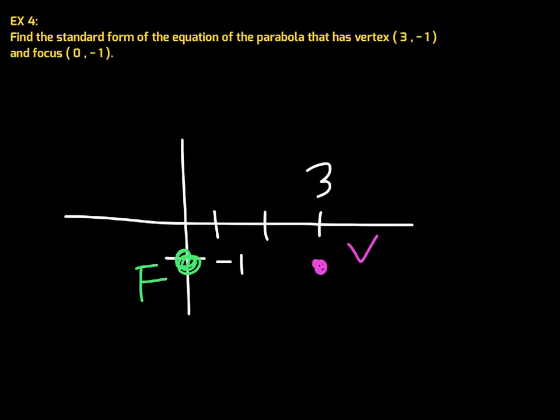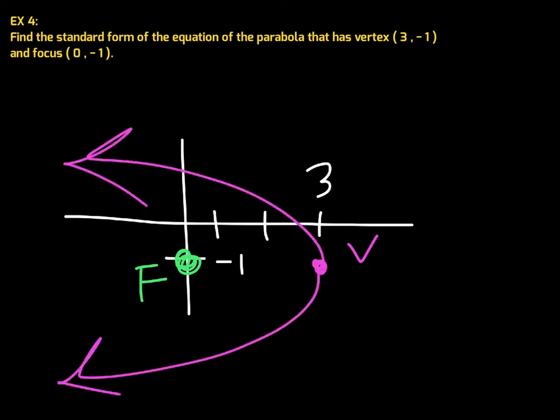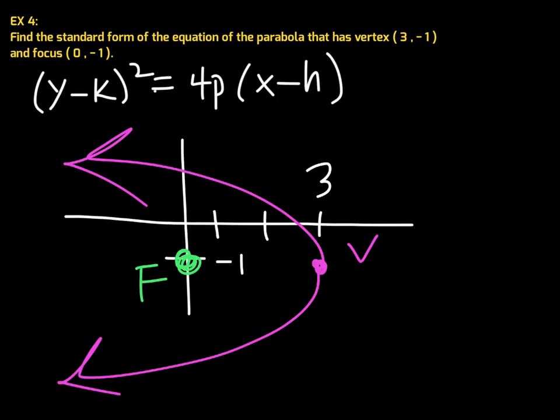So the only option is for this parabola to be opening to the left like this. So just doing a super rough sketch of what they've given us, we do know the direction of this parabola is opening left. If it's opening left, I know that it's the variable y that has to be squared. I also know that my p-value has to be negative. So this is what we have, guys. This is the standard form for the equation of this parabola.